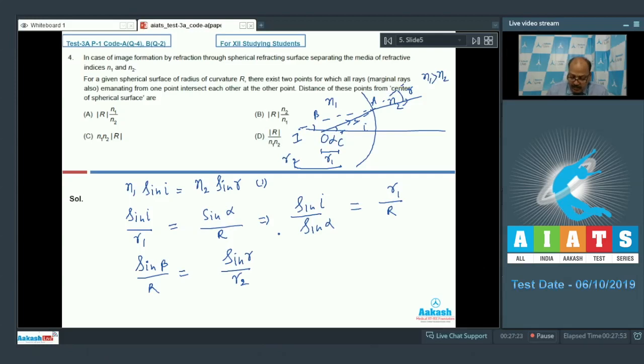In the special case, when alpha equals r and beta equals I, we will get R1 equals N2 R by N1 and R2 equals N1 R by N2.